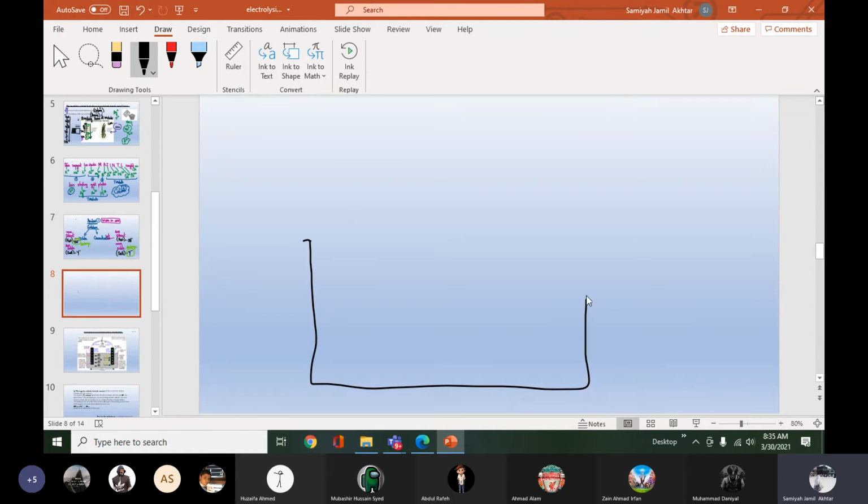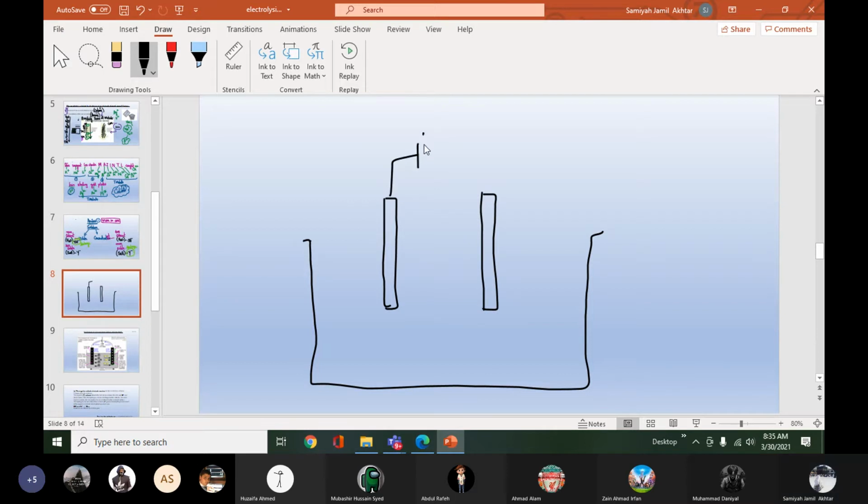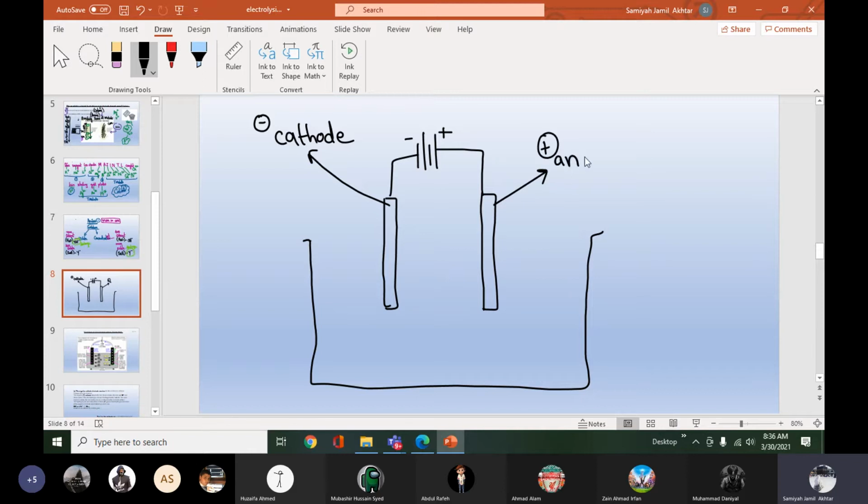So first, the electrolytic tank, or electrolytic cell. Then we have electrodes, connected with a battery, positive and negative. The one which is connected with the negative terminal is the cathode, and the one with the positive terminal is the anode.